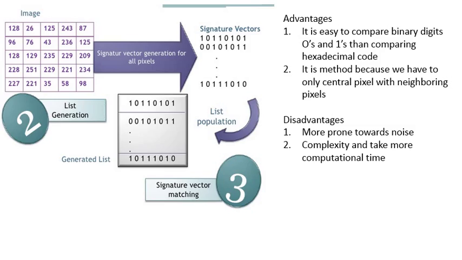If the signature vector matches, then our object is filtered, else it is not filtered. Advantages: it is easy to compare binary digits, zeros and ones, rather than comparing whole hexadecimal codes. In this method we use a central pixel with the neighboring pixels, which has less complexity than the others.